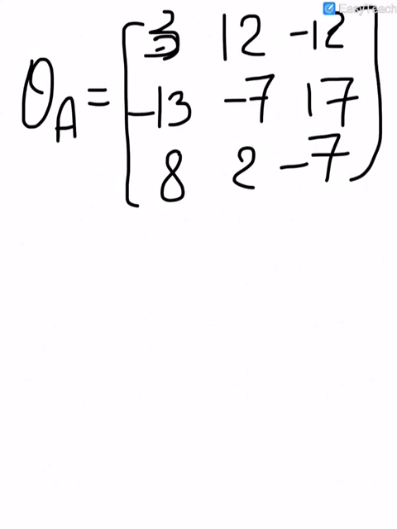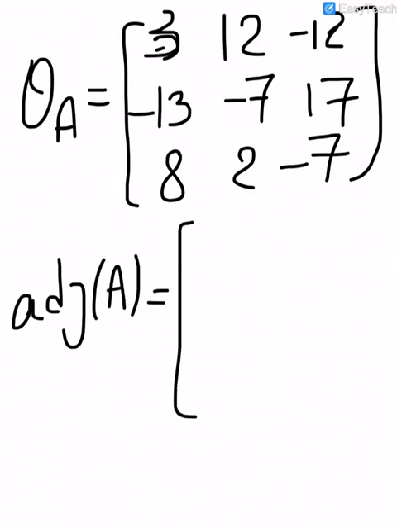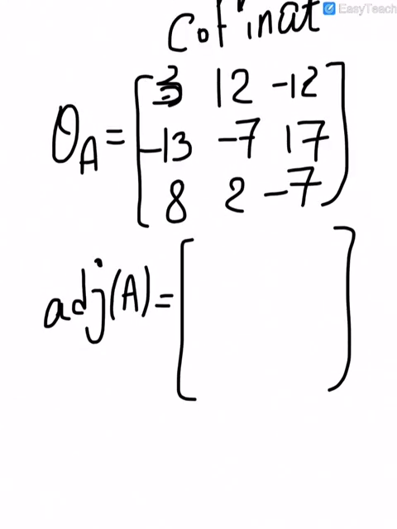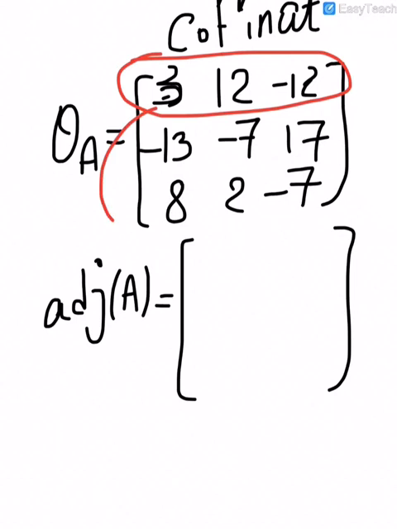Now the adjoint of A is simply the transpose. How we were taking the transpose, remember, we were doing it like this. We were taking the first row of the matrix and writing it as a column: 3, 12, minus 12.